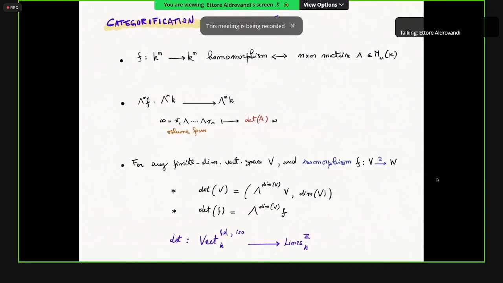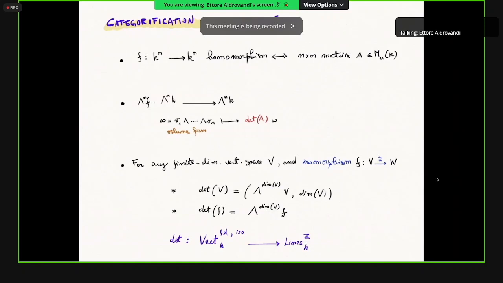And then, of course, to any isomorphism between V and W, you can associate precisely the matrix that represents that homomorphism. So what you end up getting is a functor from the category of finite dimensional vector spaces, restricting your morphisms to just isomorphisms, to something that I can call graded lines over K.